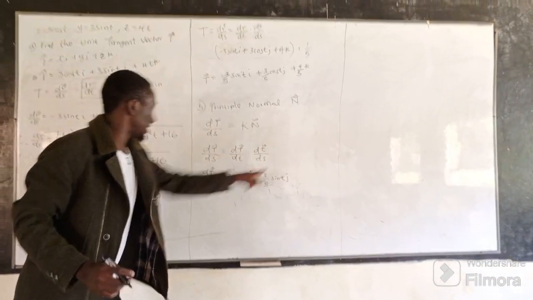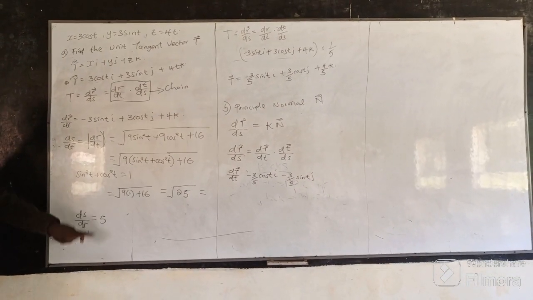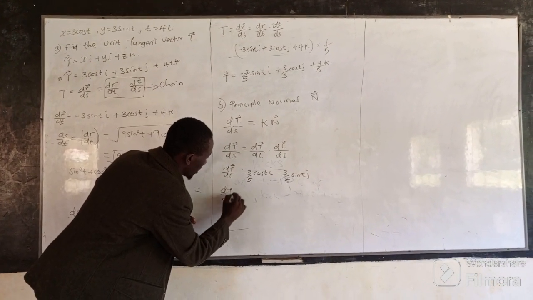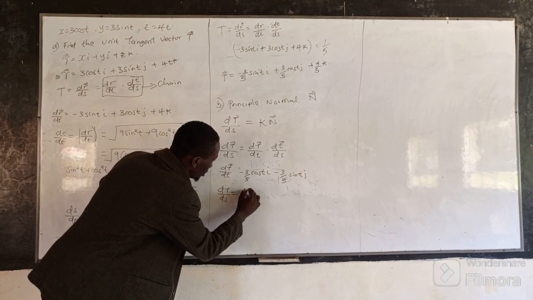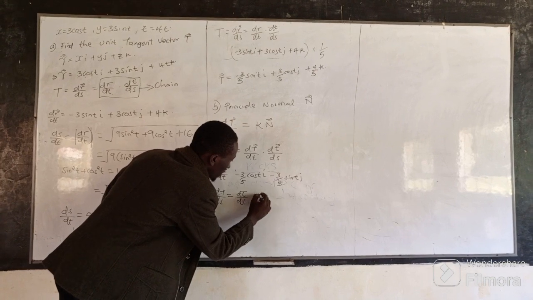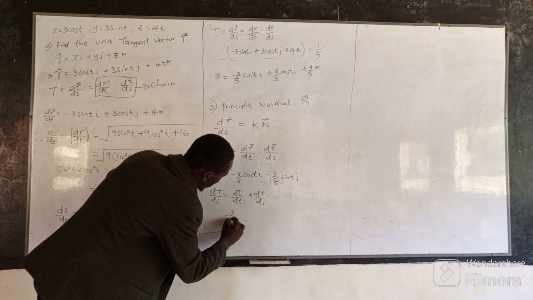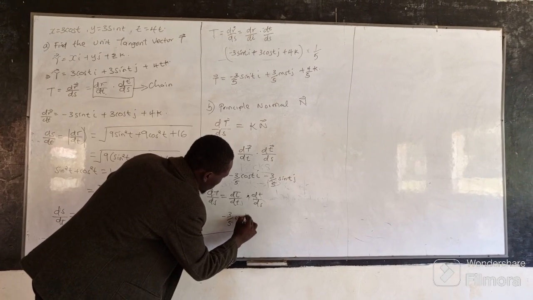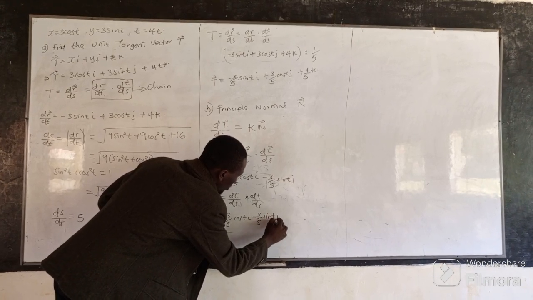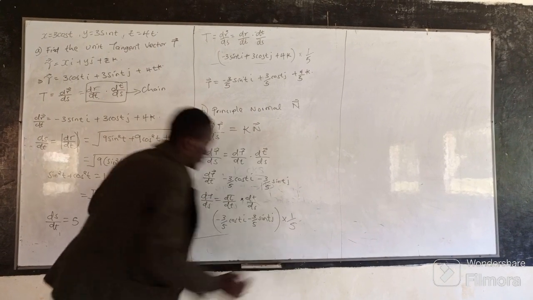Multiply by dt/ds. I already have ds/dt, and dt/ds is the inverse of this one, so now I'll have to multiply. If I want to get dT/ds, I'll use the chain rule: dT/dt multiplied by dt/ds. This will give me negative 3/5 cos t i minus 3/5 sin t j multiplied by 1/5.